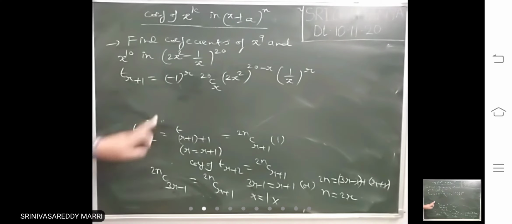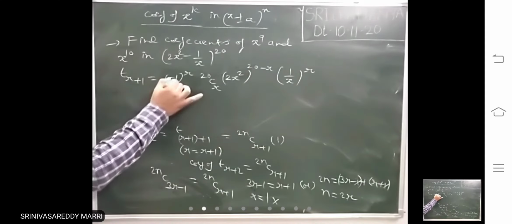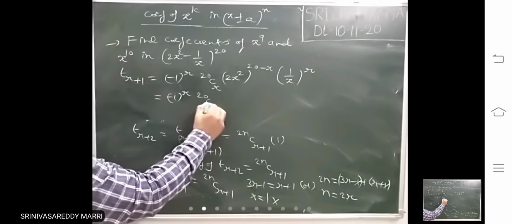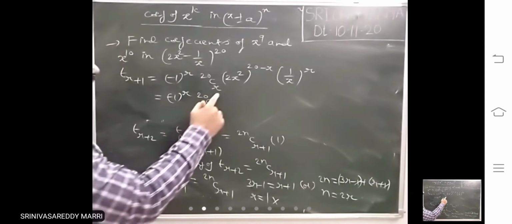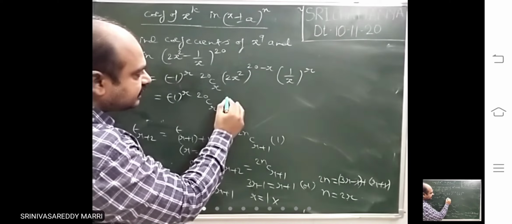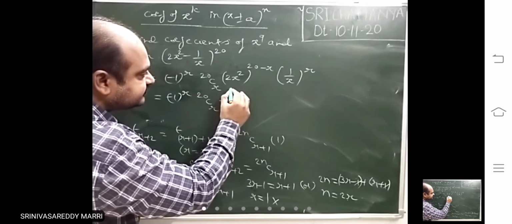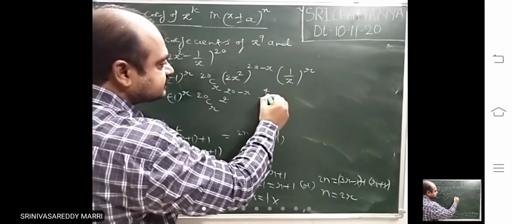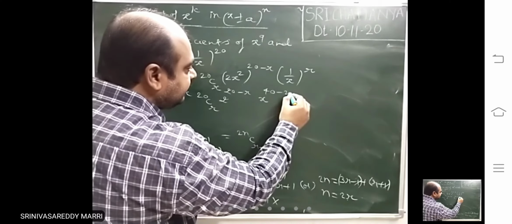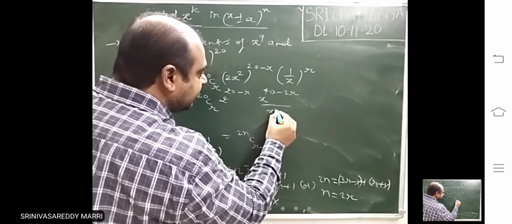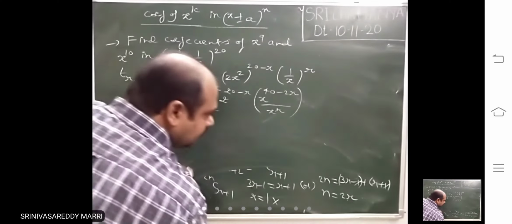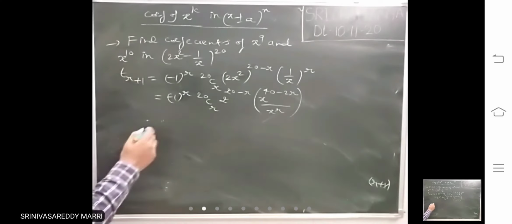Minus 1 whole power r is the only difference for plus and minus. If plus is there, we won't write it. Bring constants 2 power 20 minus r, constants first and then variables. Variables means 2 into 40 minus 2r divided by, club the variables first, all variables in one bracket.